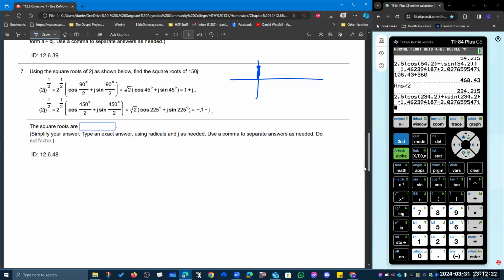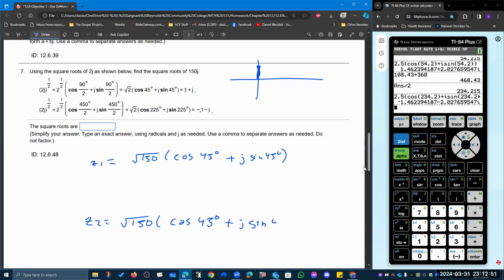So we should get square root of 150 times cosine of 45 degrees plus j sine of 45 degrees. And this is going to be our z1, and our z2 is going to be root 150 times cosine of 225 degrees plus j sine of 225 degrees.